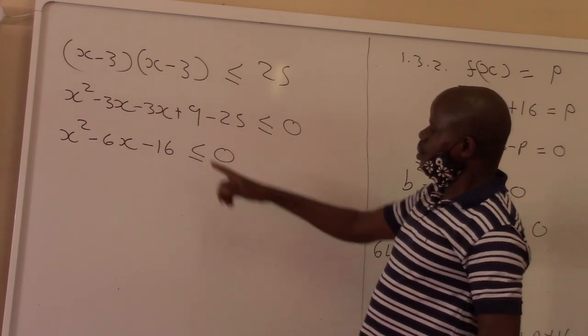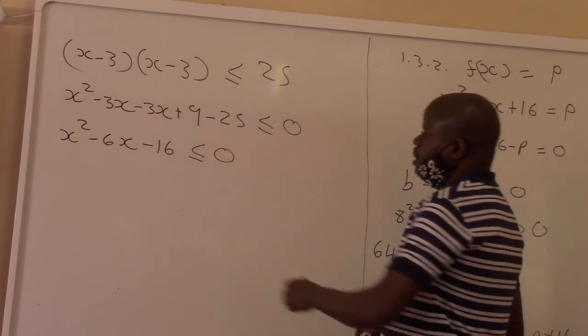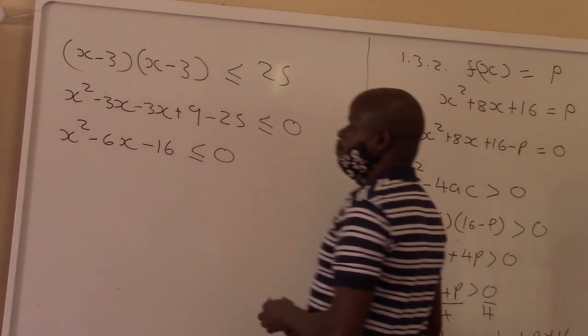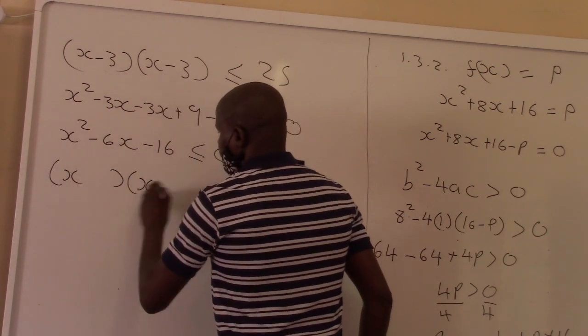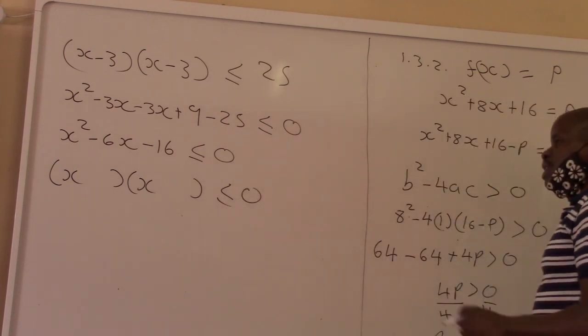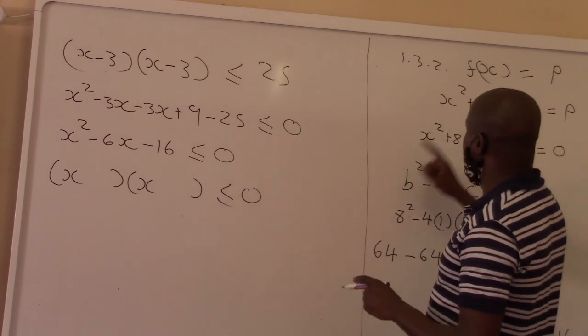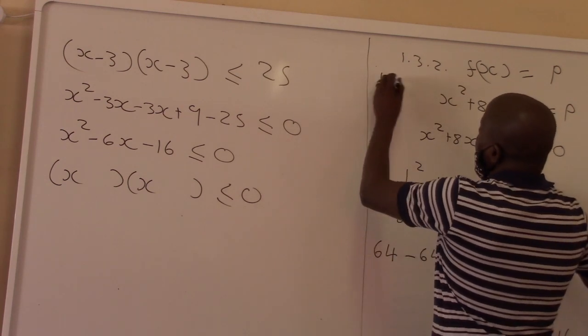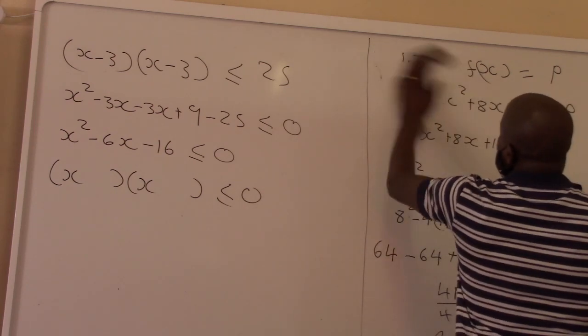So the factors of x squared will just be x and x, so we can write them x and x, less than or equal to 0. Then the factors of 16, like we spoke about, we have 1 and 16.